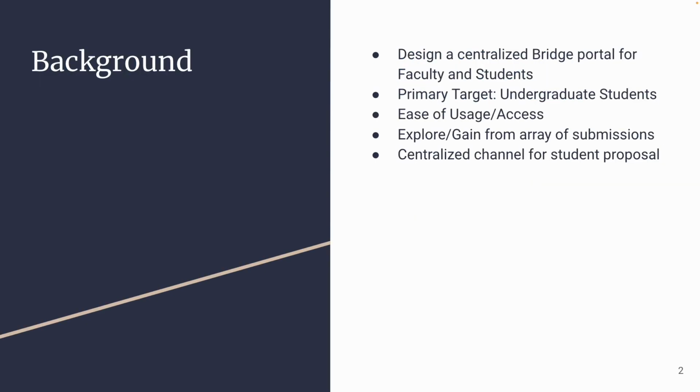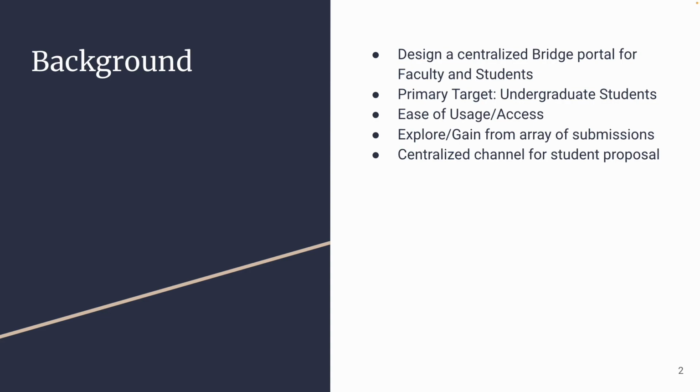It's a bit of background on our project. We're trying to design a centralized bridge portal for our faculty, students, and external sponsors and vendors alike. The primary target for the project is undergrad students. The idea is to develop something that is easy to use and has widespread access for different types of audiences and users of the system.